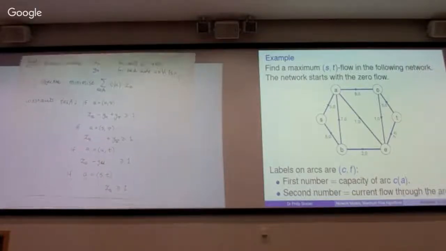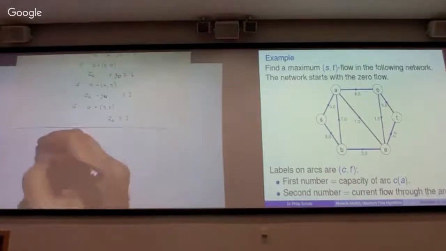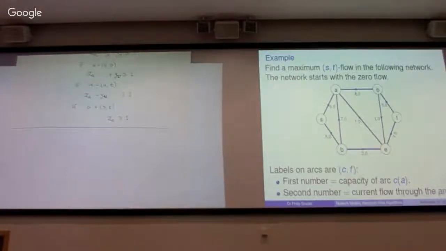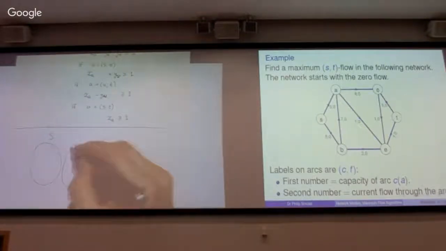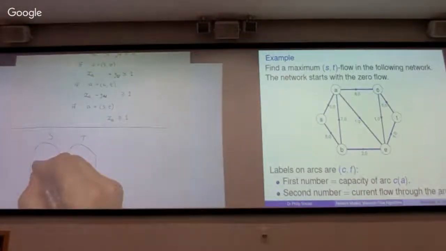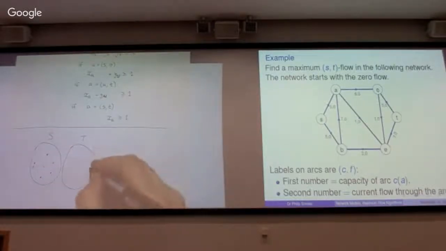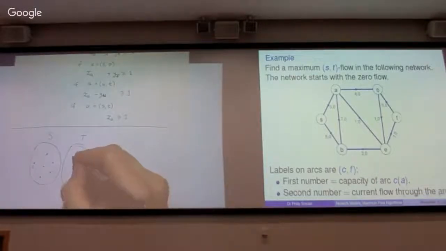But let's just have a look. What is a cut in a diagram? A cut is where you split the vertices into two sets. Let's say big S and big T. So this one is S, this one is T. The source vertex has to be here, and then there are some other vertices there. The target has to be on the right, and then there are some other vertices there.